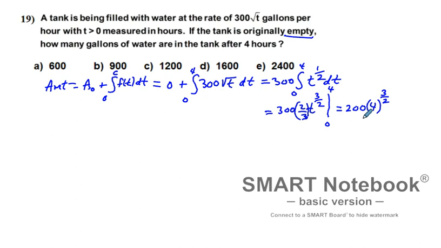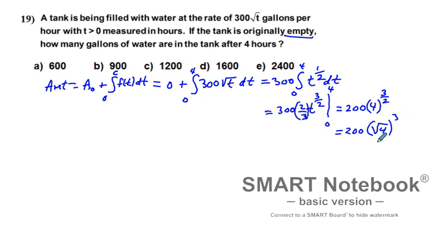And we have minus 0, so that's not going to be anything. So what we have is 200 times the square root of 4 to the 3rd power.